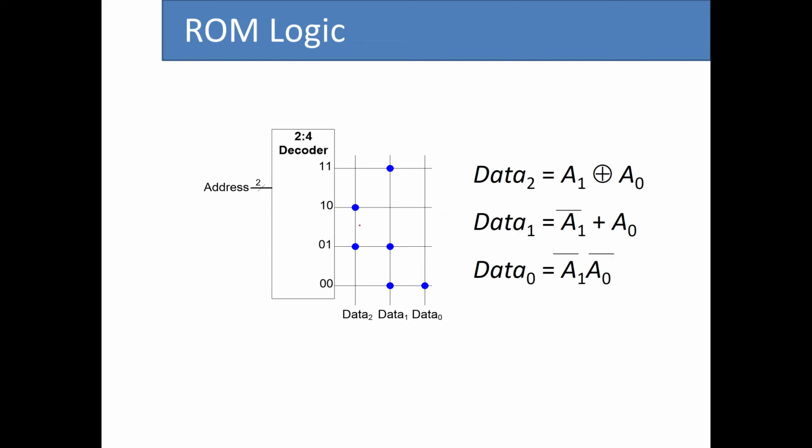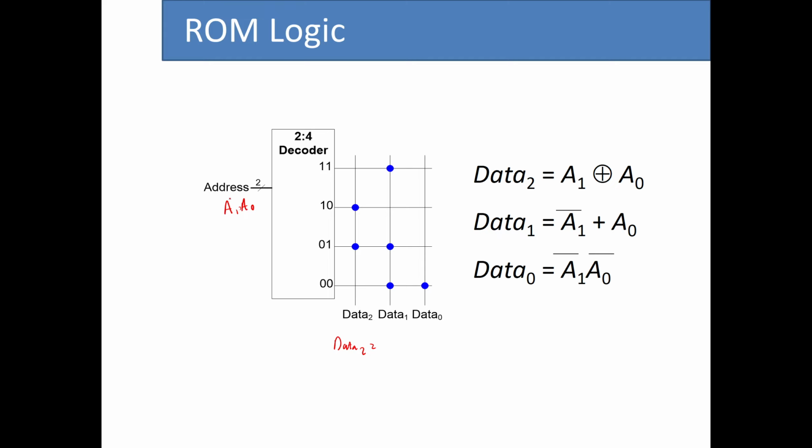Now based on this, you can easily see that this is basically an implementation of a Boolean function in the form of sum of products. So if I just write it here, data 2 is actually, and let's just assume that the address bits are A1 and A0. I can just put a comma between them, so you don't confuse that with being ANDed.